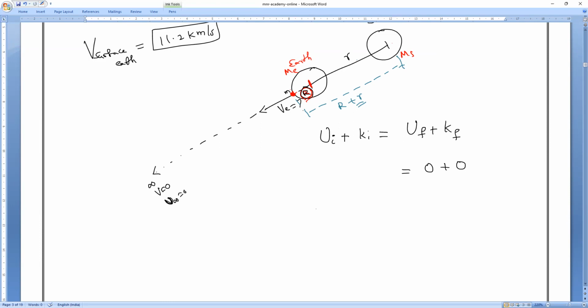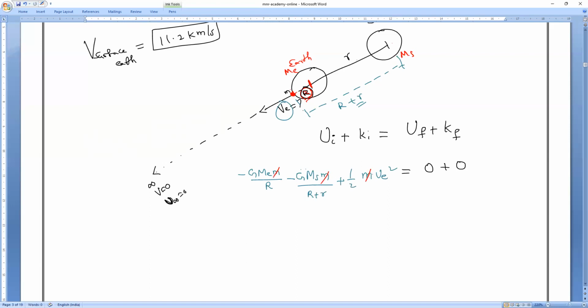So now, what is the initial potential energy? Minus G into mass of earth into small m divided by capital R, plus the potential energy between mass of sun and m, minus G into mass of sun into small m divided by R plus r. Also, the body is escaping, so kinetic energy is there, half m v square.